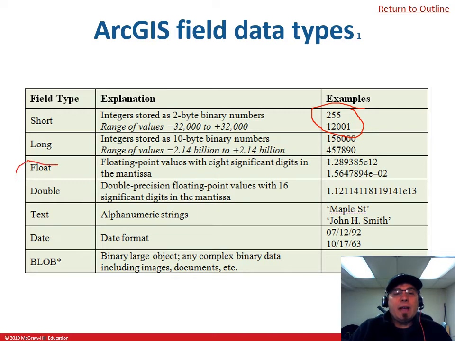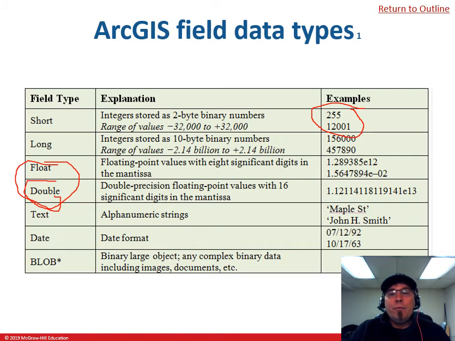For most things, I use either float or double. It really doesn't matter. A lot of this was set up many, many years ago based on the computing power at the time. So if you make all of your columns double or float, you're not going to notice anything different.